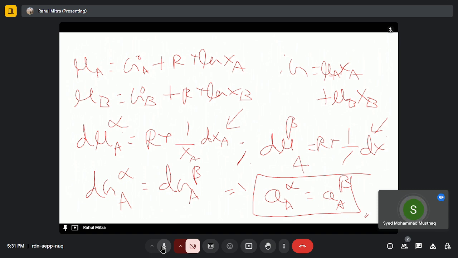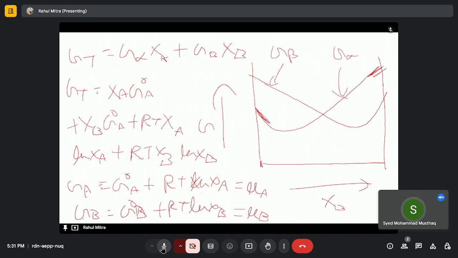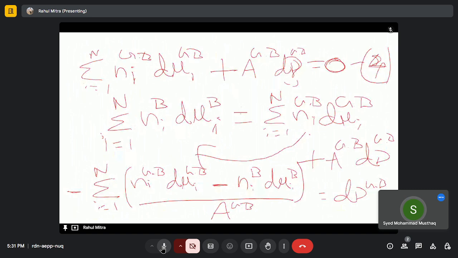Let's move on to where it was here. Yeah, we were here. So we were deriving how to simplify this equation.